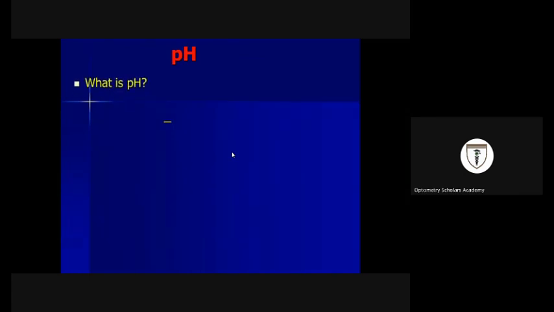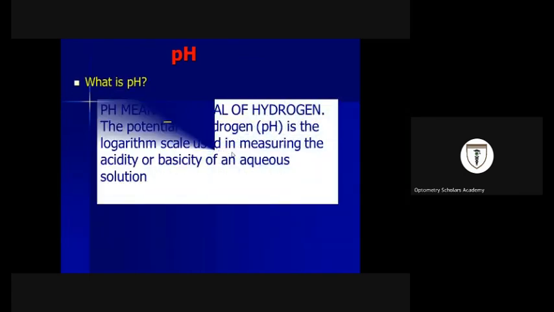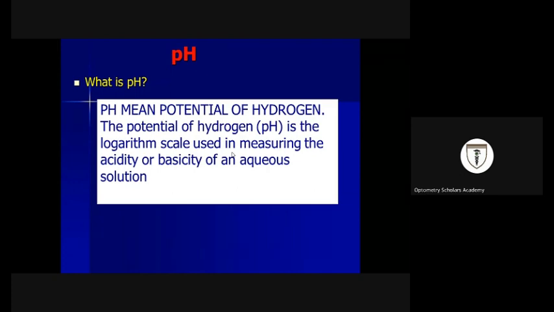So now, talking on pH, what is pH? When we were in secondary school, in our A-level class, in our O-level class, we learned that pH is the acidity and alkalinity of drugs.